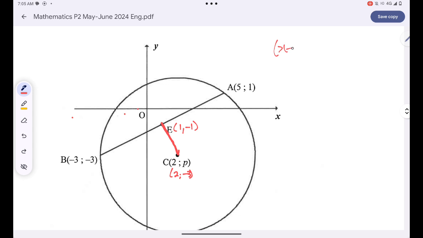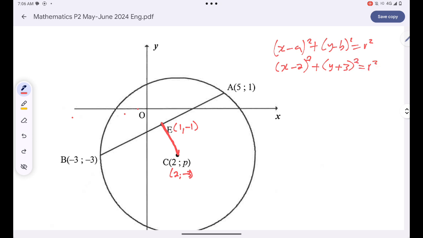So I have (x minus a) squared plus (y minus b) squared being equal to r squared. Both a and b represent the coordinates of the center. So I have x minus 2. Since 2 is positive, I'll write it as minus 2 over there. And since y is negative, I'll write it as positive over there. This is equal to r squared.